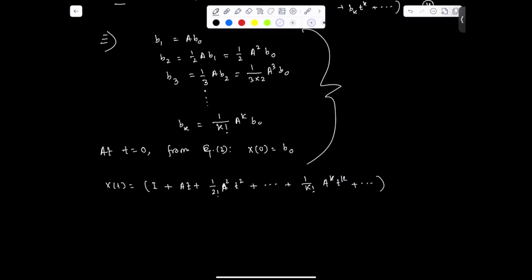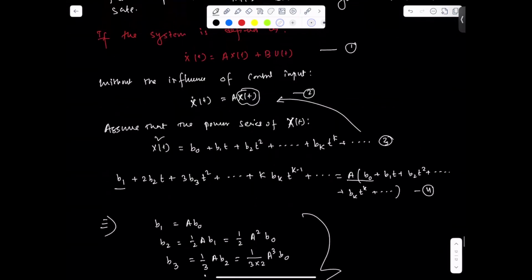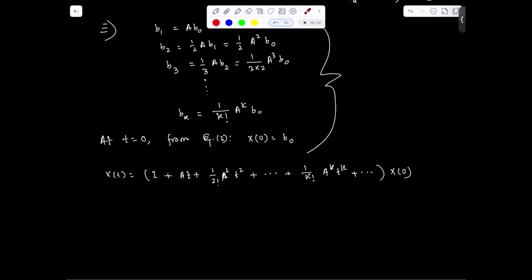So we can take b here, b is nothing but x naught. So this is the solution of the system without control input. So this is the solution of equation 2 in the absence of the control vector, control matrix.